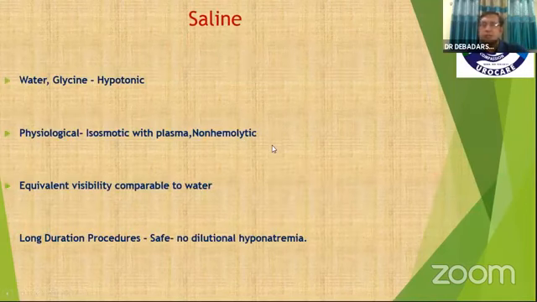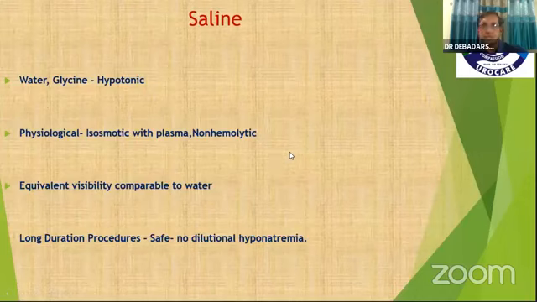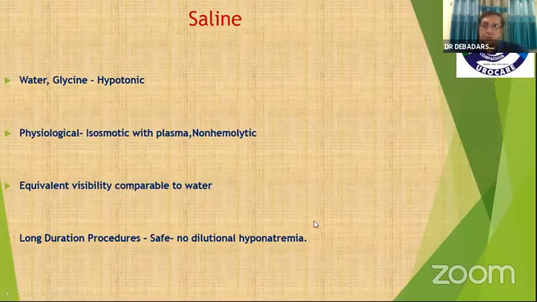Saline: why do we use saline for bipolar resection? Saline is isotonic and non-hemolytic, whereas water is hemolytic, and glycine and water are hypotonic. So the concept of saline came for long-duration procedures. So what is the utility for short procedures like TURBT?